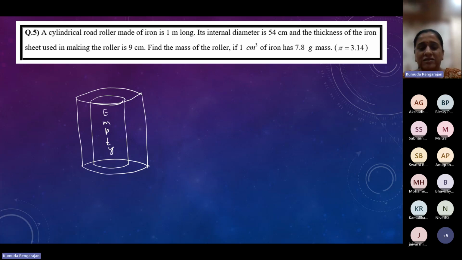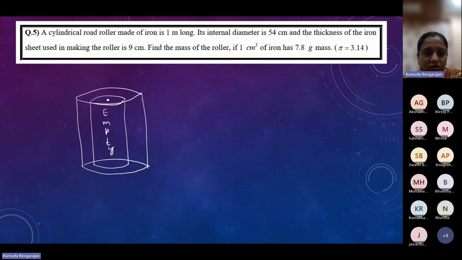So exactly like the sellotape, you can see through. You roll a sellotape on the top of your table or any surface. That's the road roller. So it's empty here. You can see through.